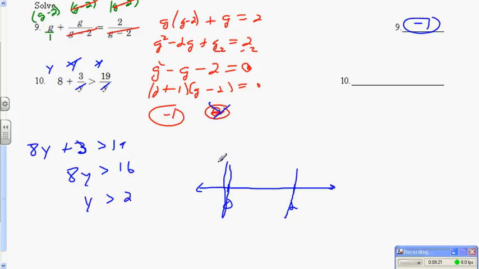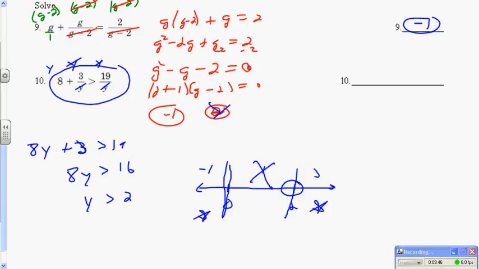Plug in a point from each side, so I would recommend -1, 1, and 3. -1 will check, excuse me. 1 does not, and 3 will check if you plugged in those values into this equation, which means you'll have circles at 2, arrow going to the right, and at 0, arrow going to the left. This is it, and hopefully this will help you prepare for the test on Monday.